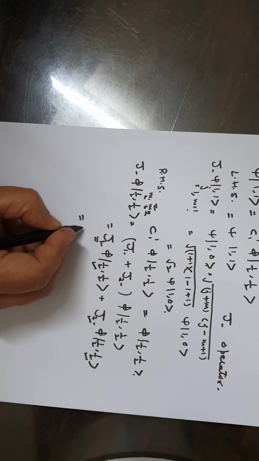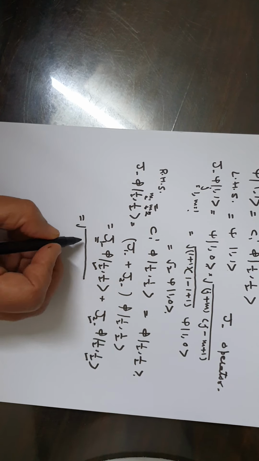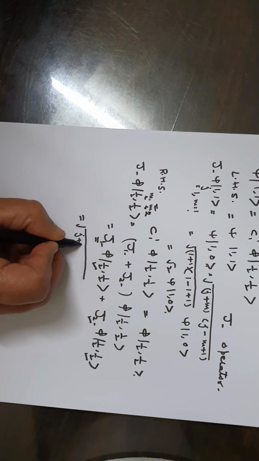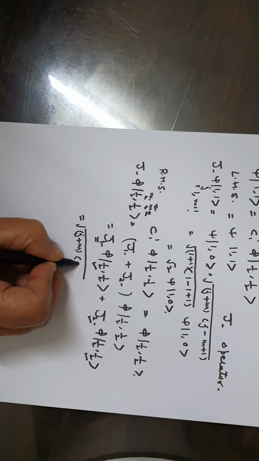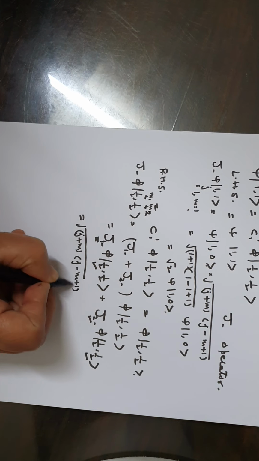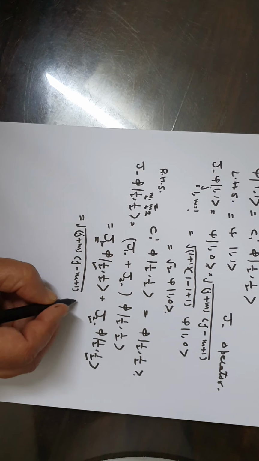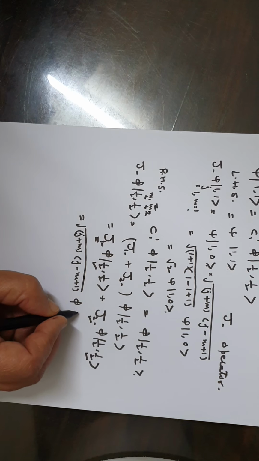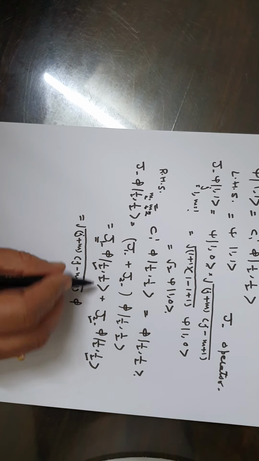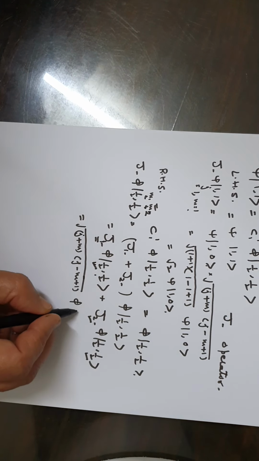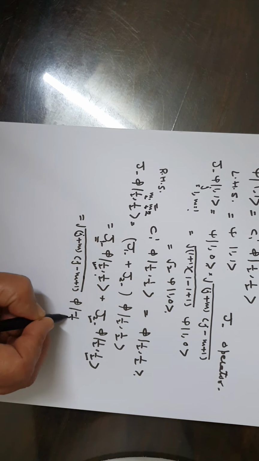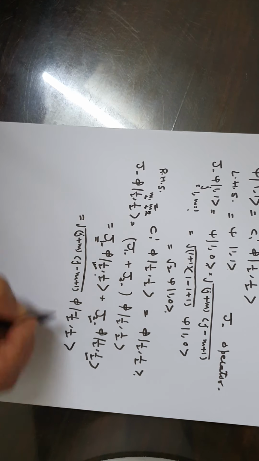The value I get will be under root j plus m into j minus m plus 1. The state will decrease by 1, so 1 by 2 minus 1, the state will become minus 1 by 2 and 1 by 2.